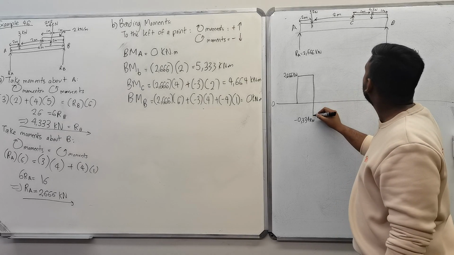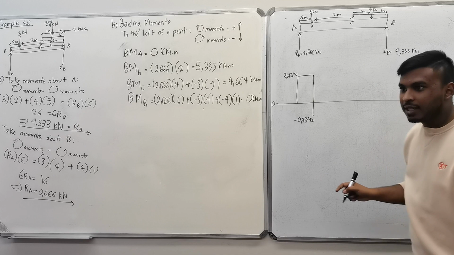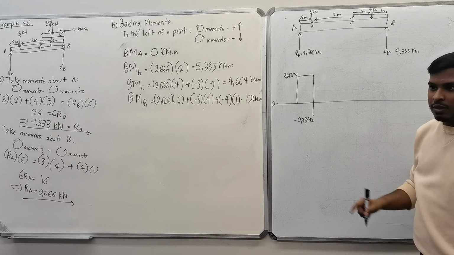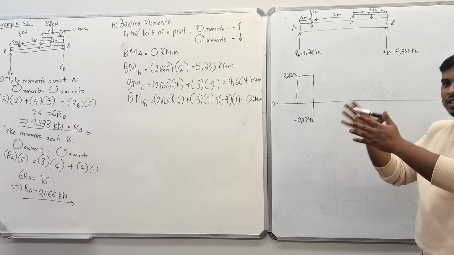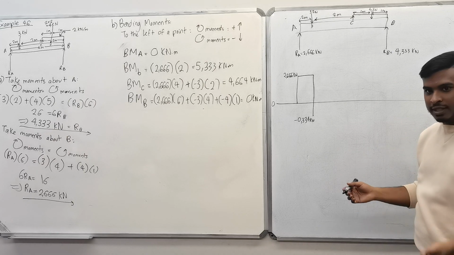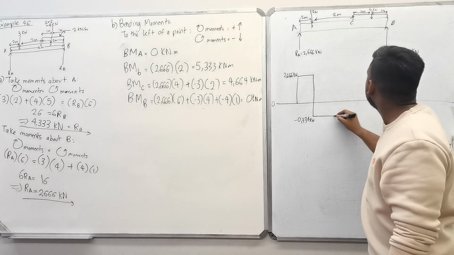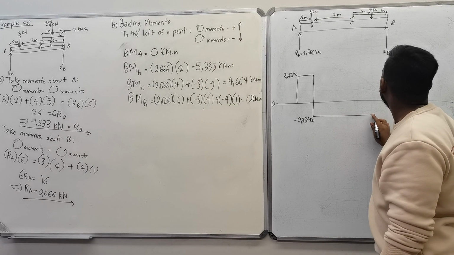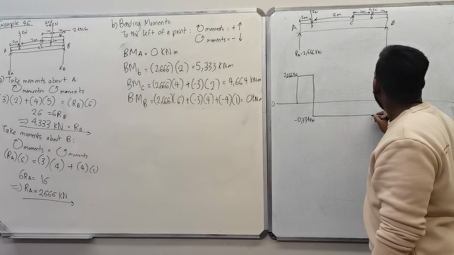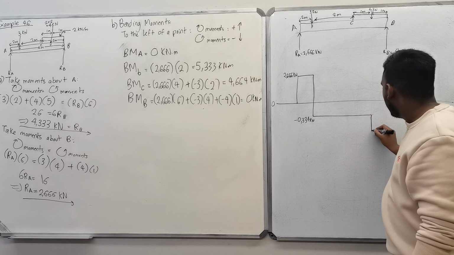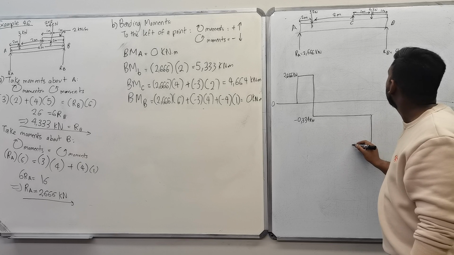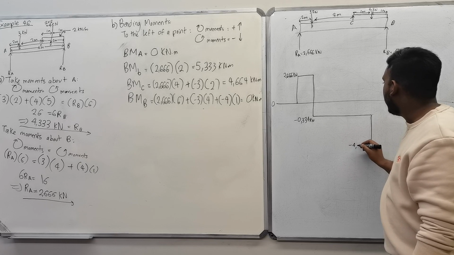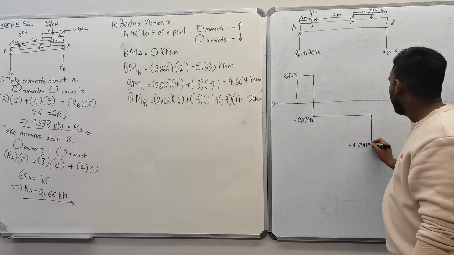It continues like that for another 3 meters until the -4, the concentrated load, because obviously now that magnitude acts at the center. So this will continue until here, and you subtract 4, which will take it to -4.334 kilonewtons.